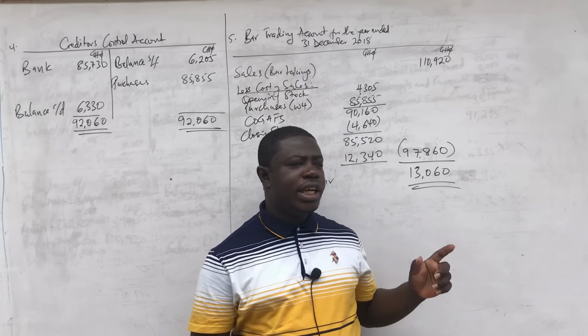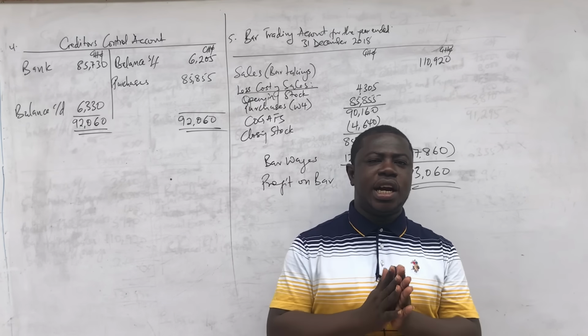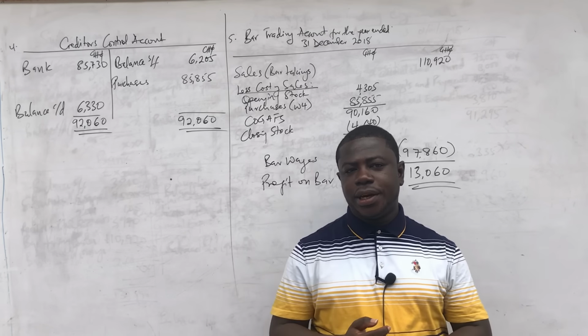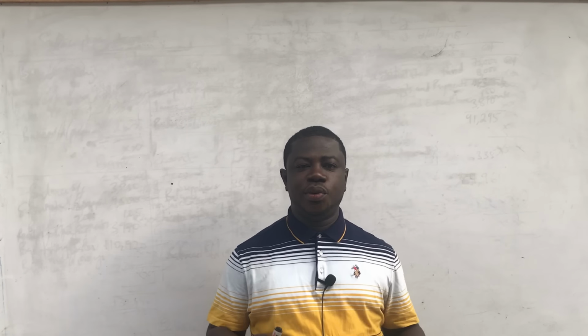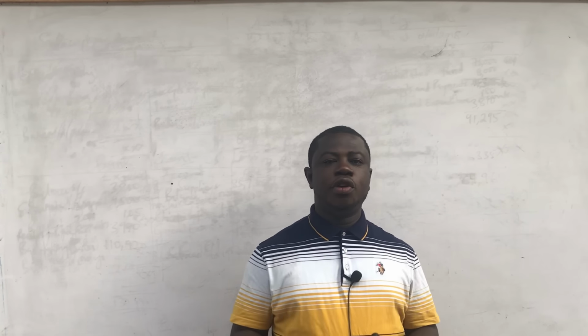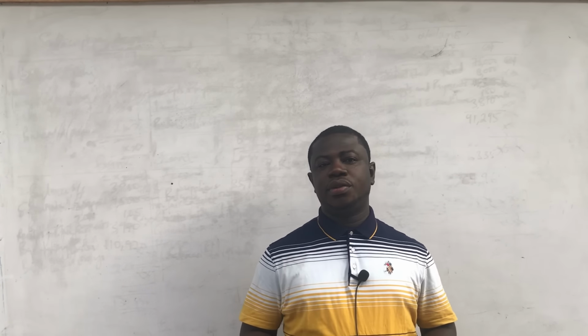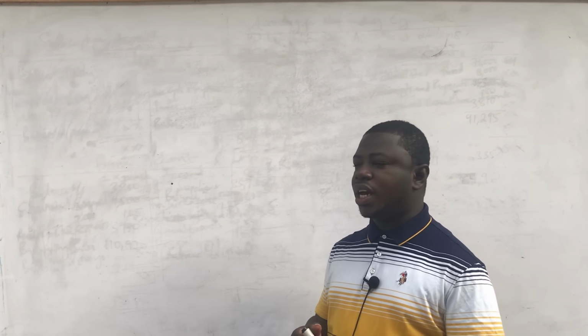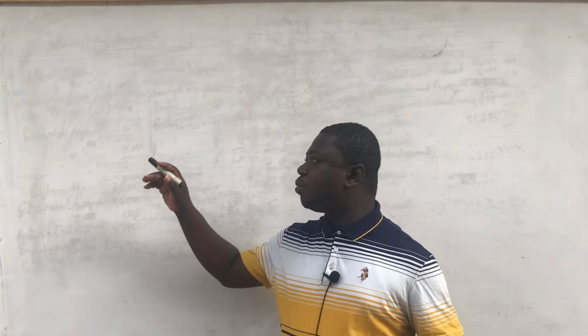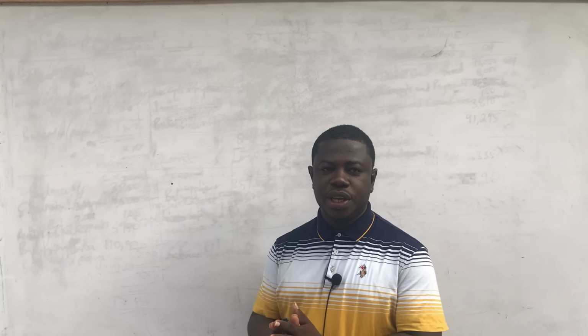So that is the bar profit. We are going to take this bar profit to the income and expenditure account as income for the year. Okay. So at this point, we are almost done with the workings. But before we move on to prepare the income and expenditure account, we have to also look at the depreciation aspect, which may be the last part. So we are going to look at depreciation of the assets that we are supposed to depreciate.